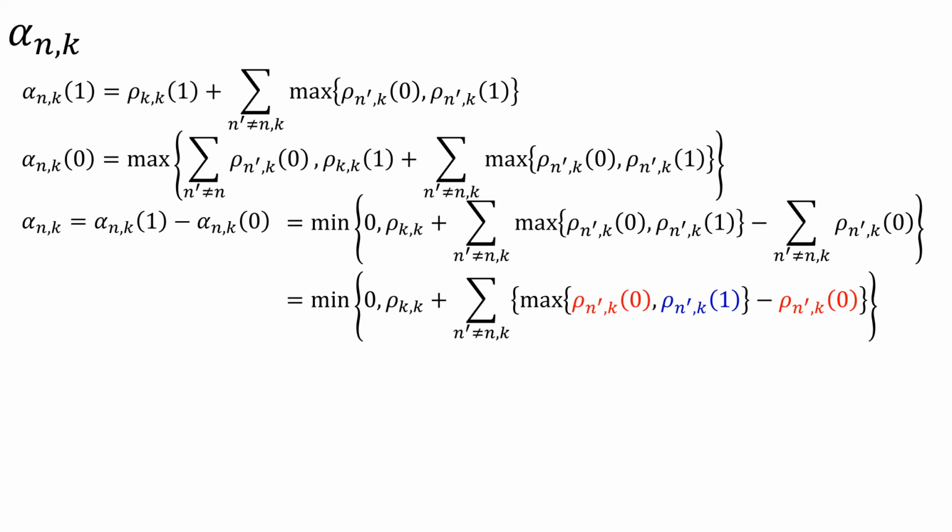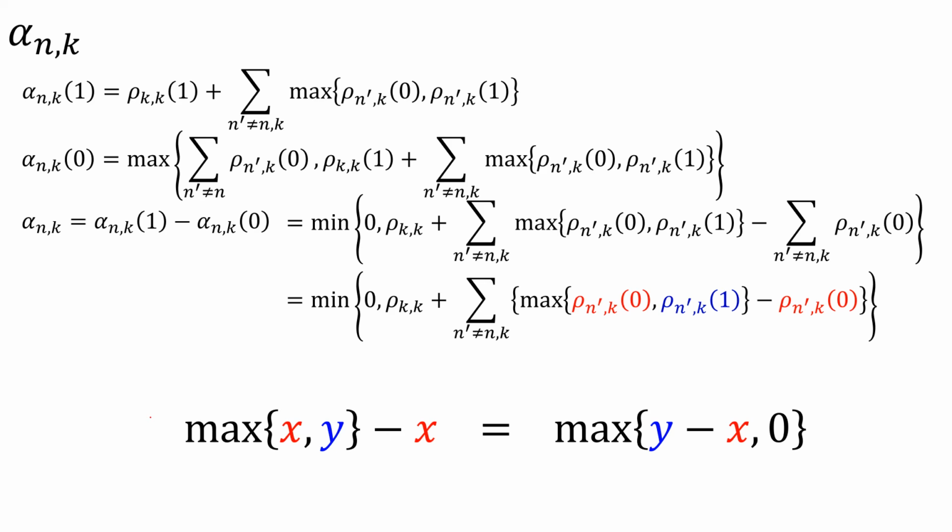So now what I'll do is I'll use this identity. Everything red is this x here. So I have max of x, and this is y, blue is y, is equal to max of y minus x, 0. So this expression inside this summation is equal to this in the identity. So we replace it with the right-hand side of the identity.